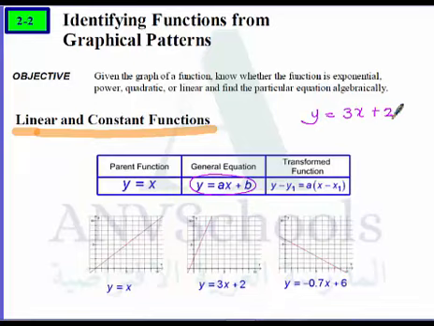So you would know for sure, first and foremost, when you see a certain function, that it is linear because of this x. If you see an x that doesn't have an exponent greater than 1, in this case our x is a variable with an exponent of 1.